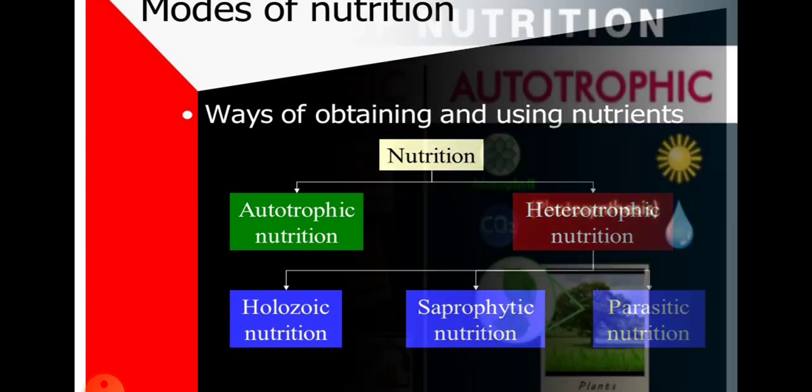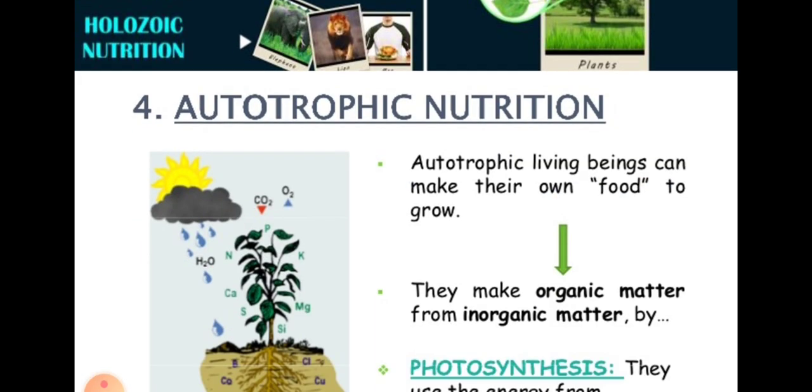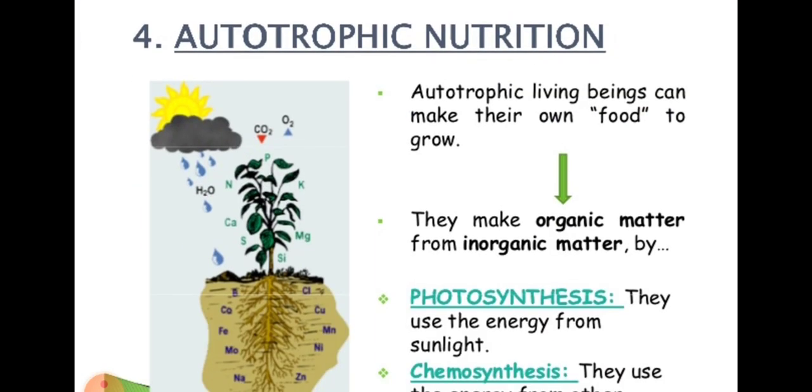Okay, so let's start with autotrophic nutrition. Those organisms which can make food themselves from simple substances like carbon dioxide and water by the process of photosynthesis are called autotrophs, and their mode of nutrition is called autotrophic nutrition.